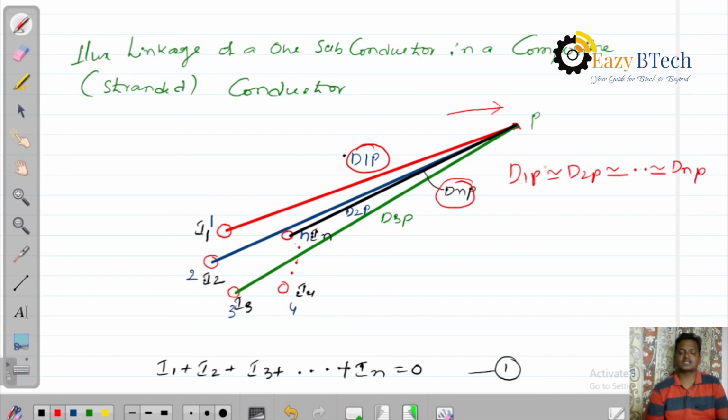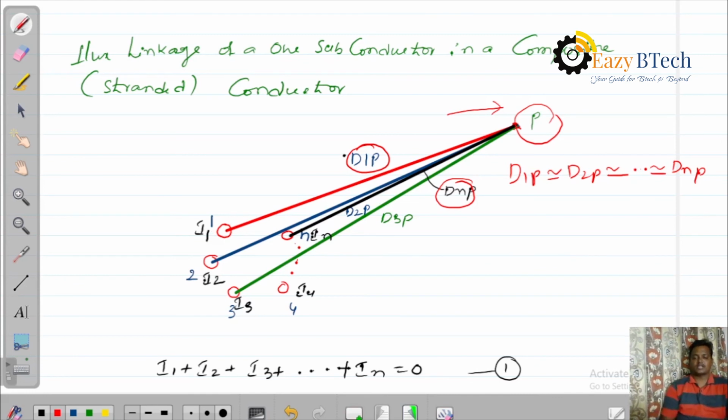All the distances are same because we are assuming point P is far away from the conductors. We don't know where it is. It is very far away from the conductors. The distance between the conductors is less. That's why assume that all the distances are same.